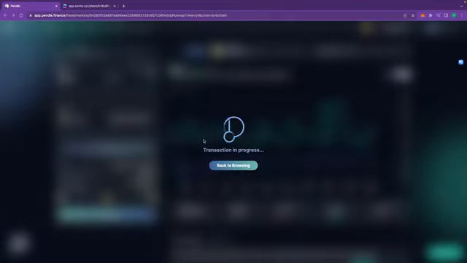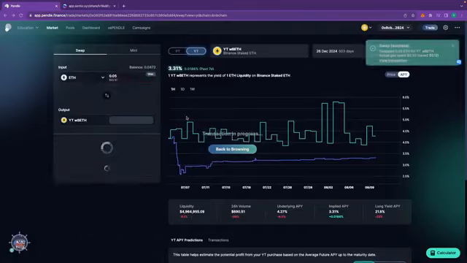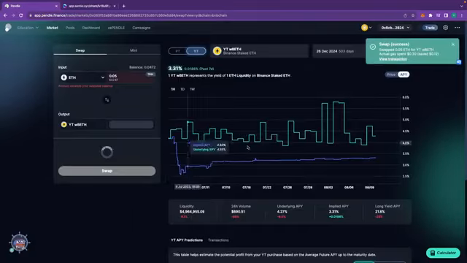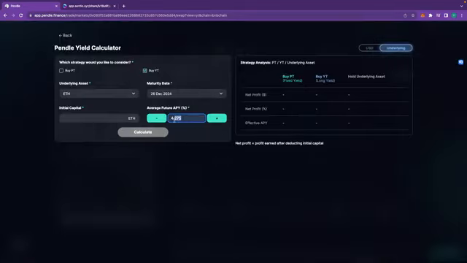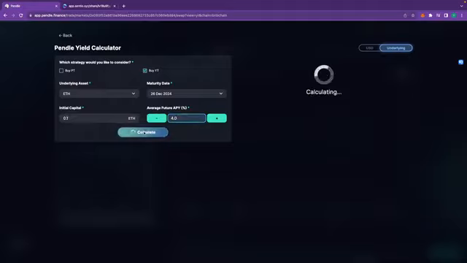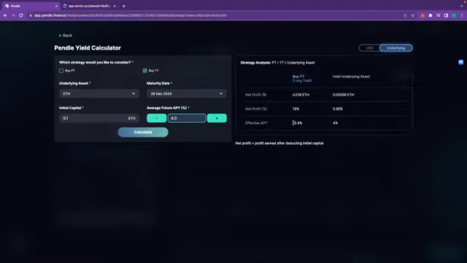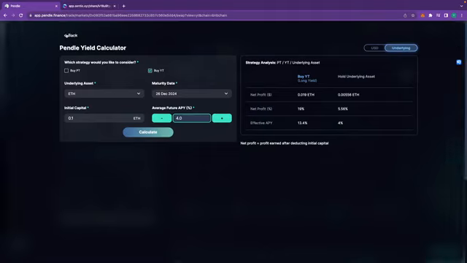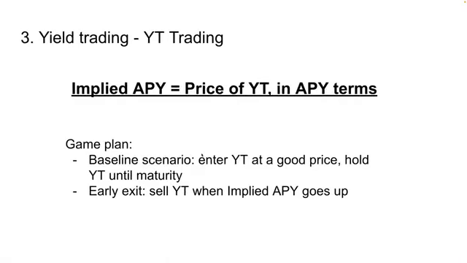I would just be holding this amount of YT and I will just collect yield over time. And if my prediction is right, say APY is going to stay at least 4.0%, I will still be getting at least 13.4% on my YT trade. So that is my baseline scenario.